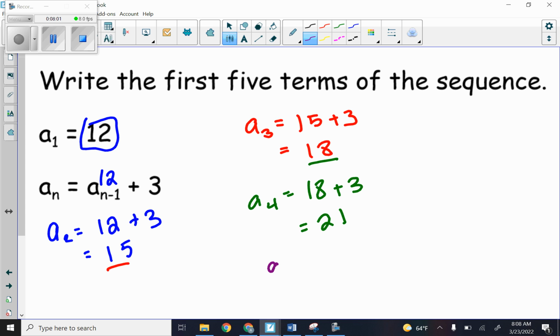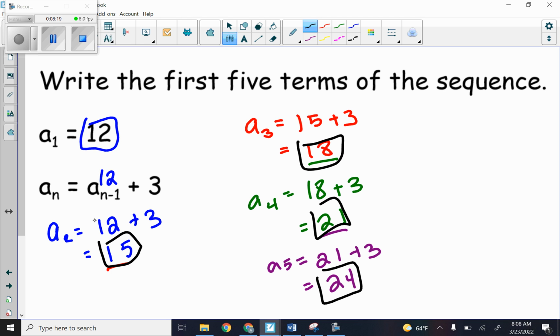And then a sub 5, once again, we take that previous term, so 21 plus 3 equals 24. So these are the first 5 terms.